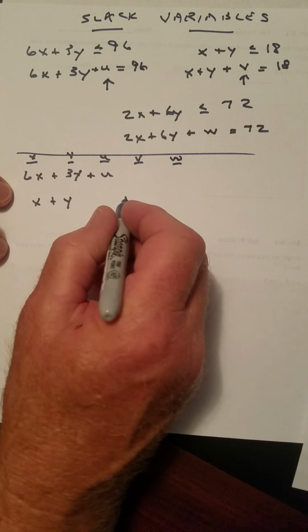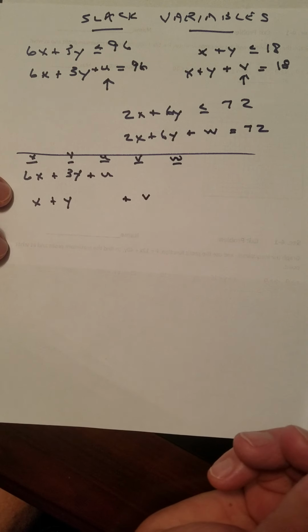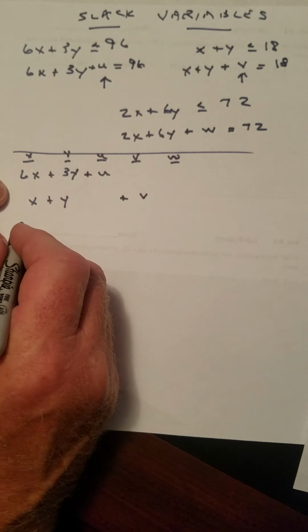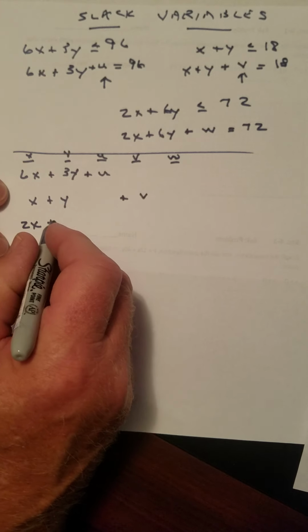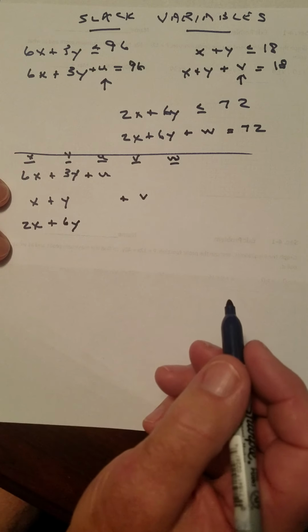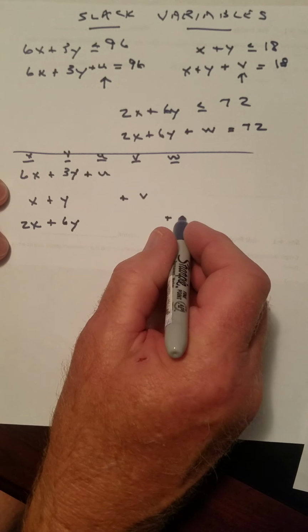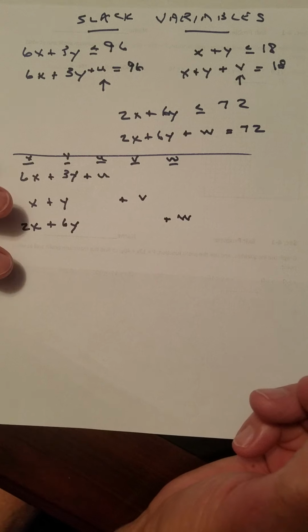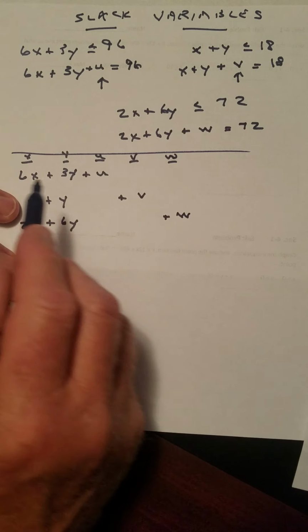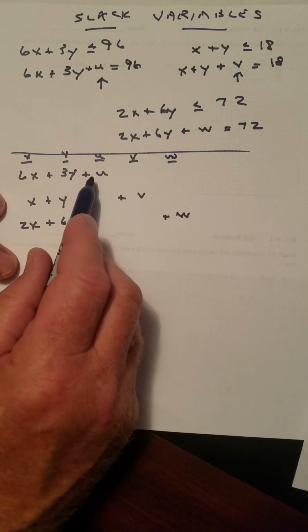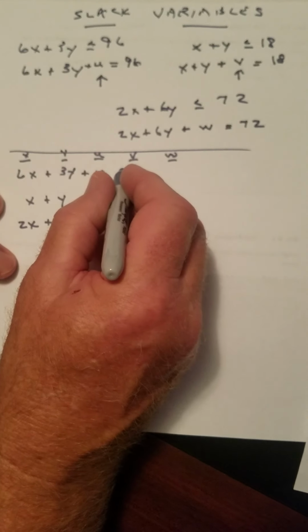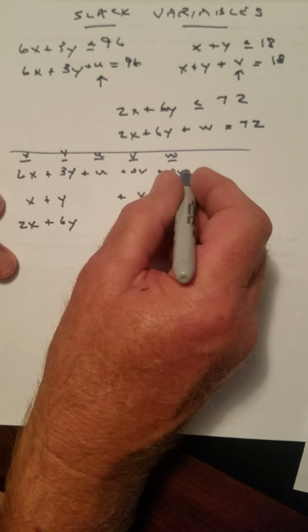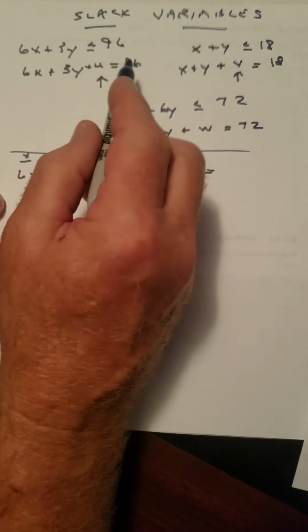So on the second one, I'm going to have plus v. And when you go to the third equation I have here, it's 2x plus 6y, and then w is way over here. Okay, so here's the way I want you to think of it. On this one, it was 6x plus 3y plus, think of that, 1u plus 0v plus 0w, and that was equal to 96.